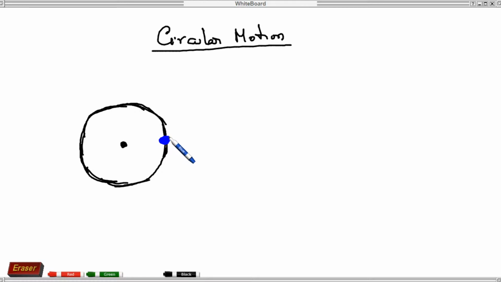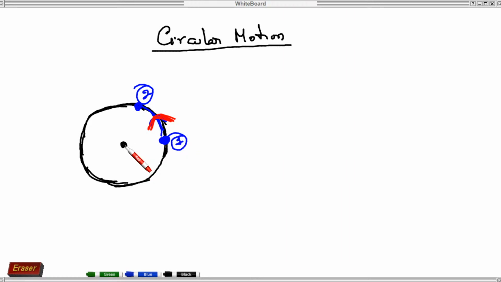Suppose a car starts from here. This is considered as point one from which it starts, and it reaches here at point two. Suppose this is point two, so it traveled in this direction from one to two.